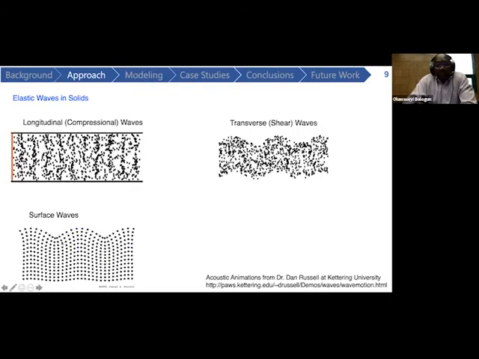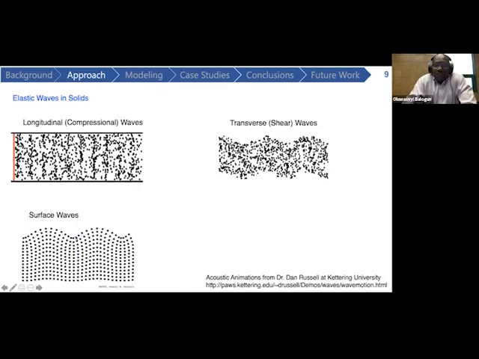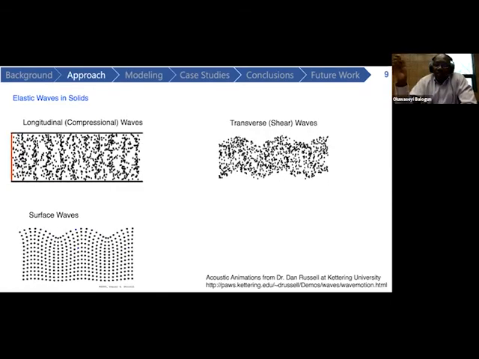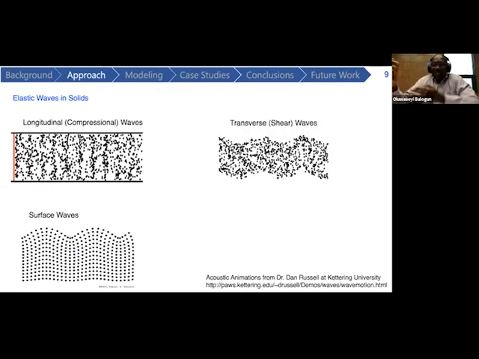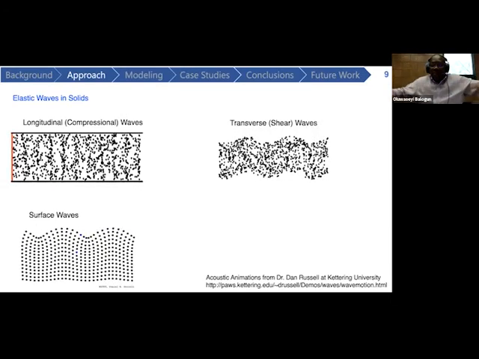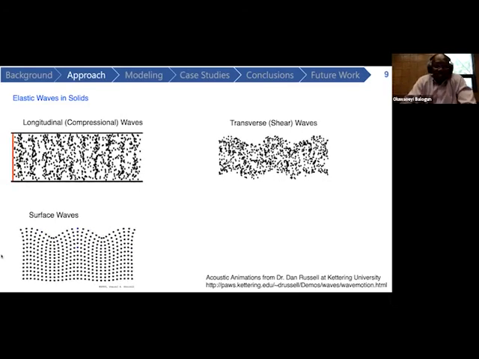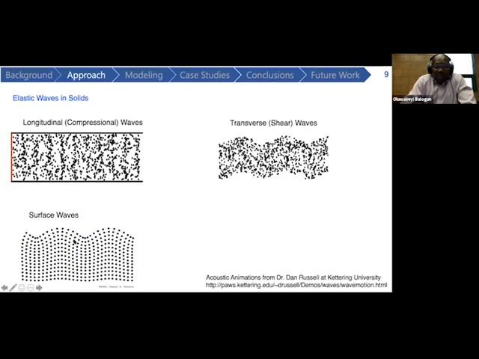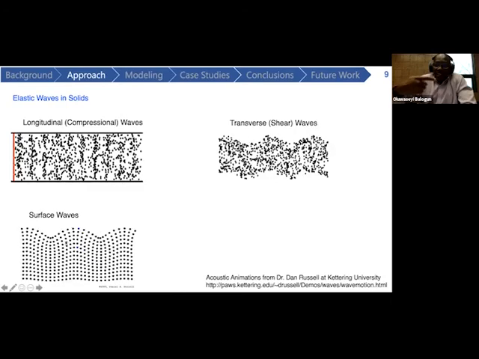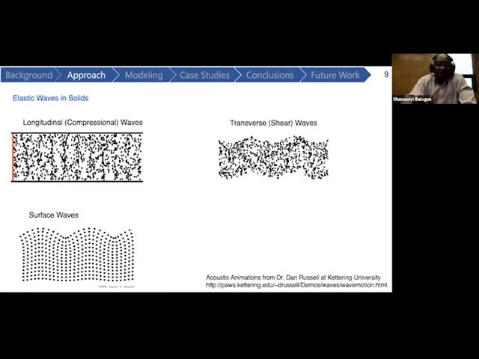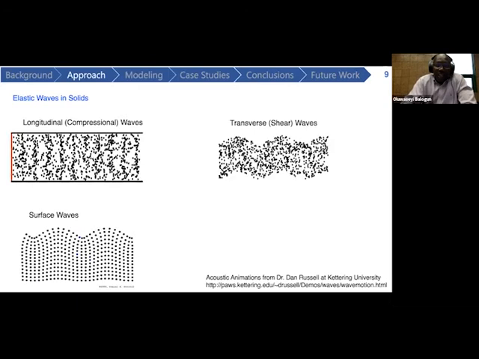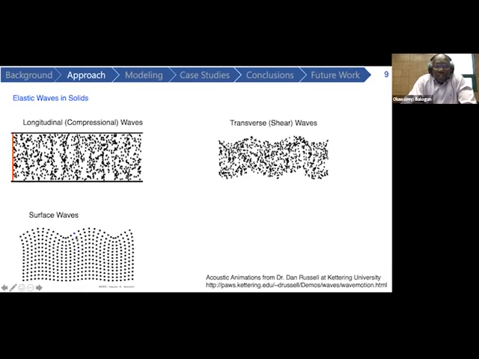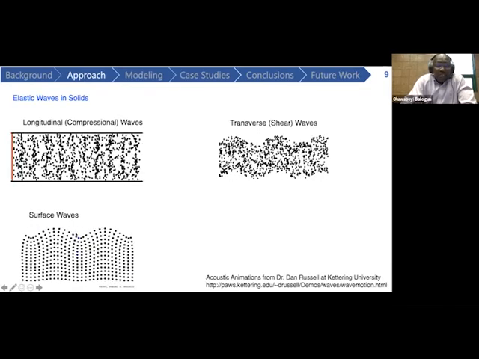And then we also have surface waves, and I'll talk quite a bit about the surface waves in this lecture. Very similar to what you would have observed when you drop a pebble in a pool, where you see this ripple pattern form. Those are examples of surface waves. In solids, they're called Rayleigh waves, and they have elliptical polarizations, meaning that they have both in-plane displacements and out-of-plane displacements, with the out-of-plane being dominant, and the amplitude varies with position and with frequency.